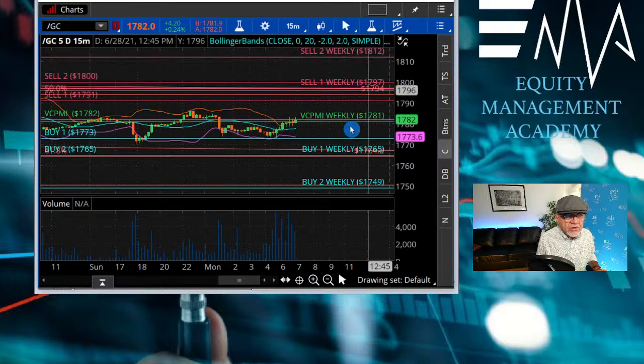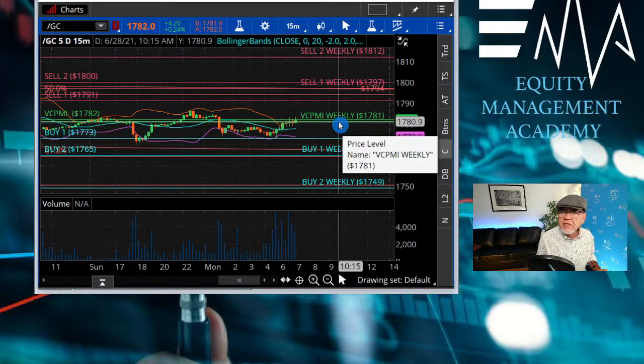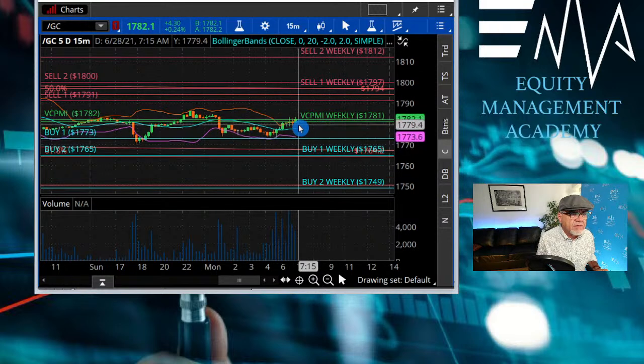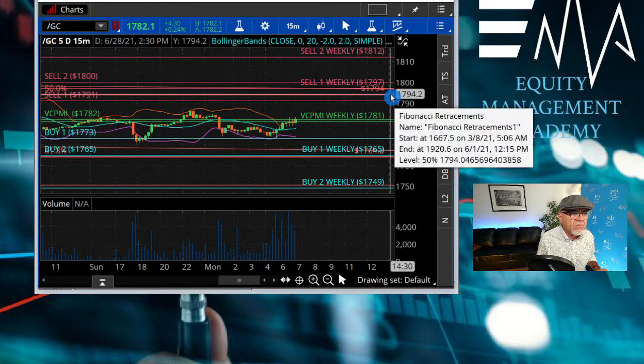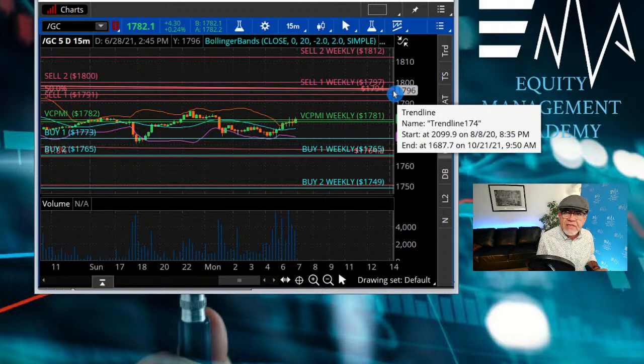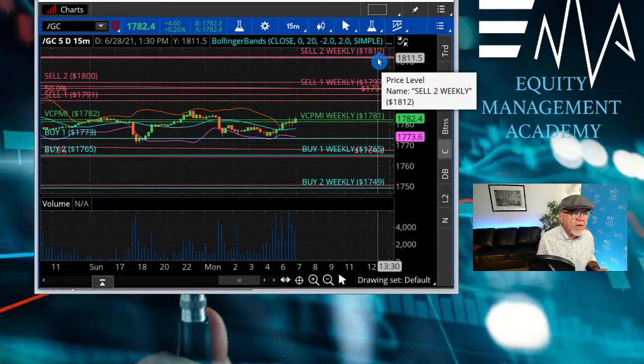On the right of the chart, I have the weekly numbers that show the average weekly of 1781. And if the market is again trading above 1782, it has activated the weekly target of 1797. The sell to weekly target of 1812 is also being activated.